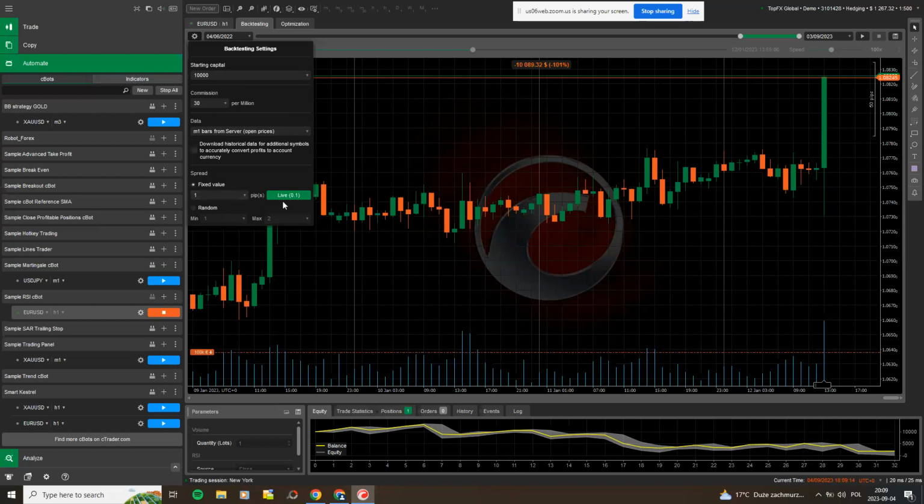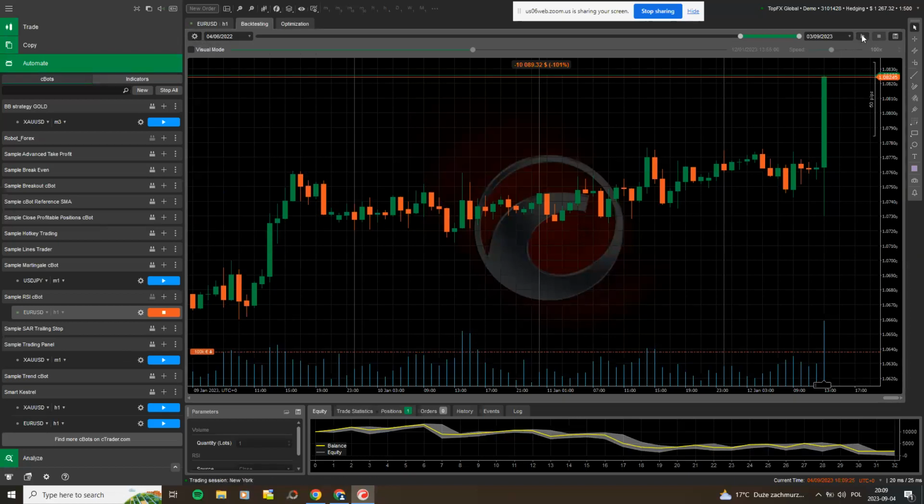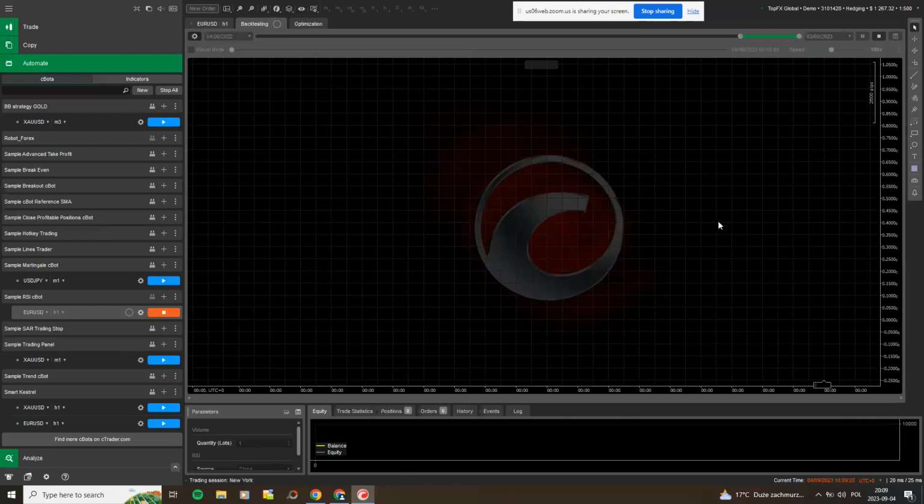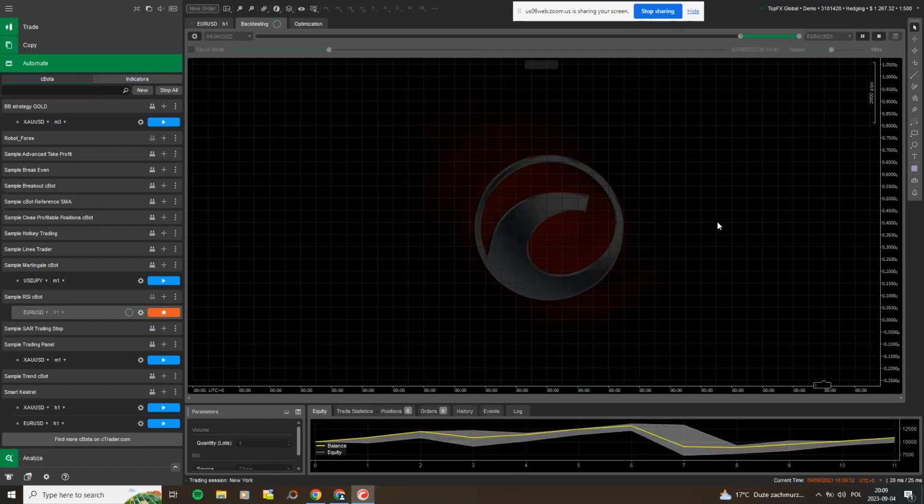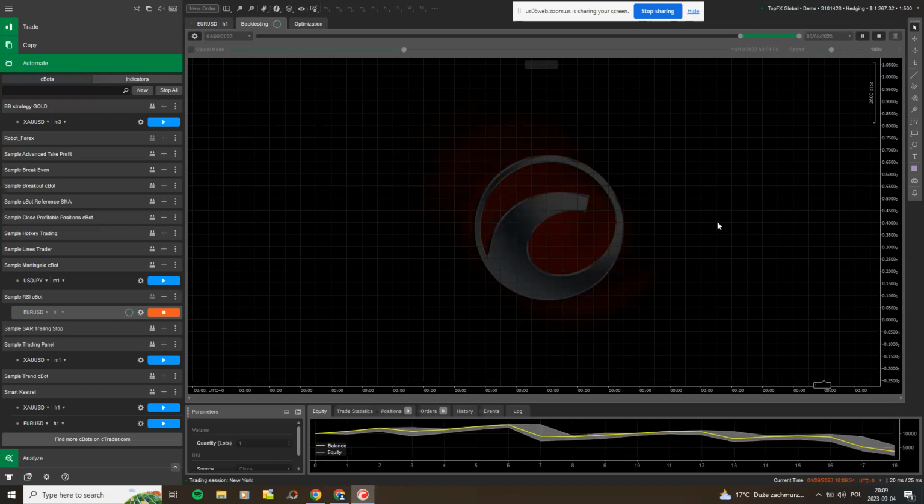And for the spread, we can use the live spread. Let's use the live spread, and let's reverse our commission to 15 per million, and test it again. So we played a little with our backtesting. Let's see what the result is.